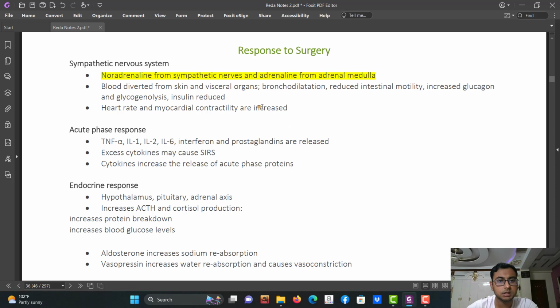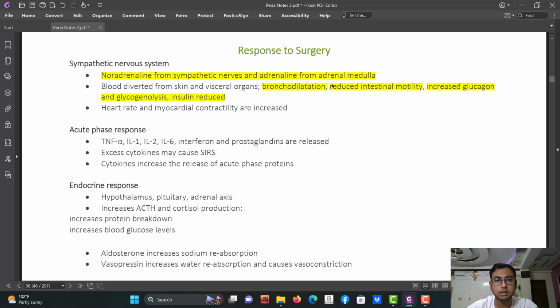There is bronchodilation, reduced intestinal motility, then increased glucagon, glycogenolysis, and insulin is reduced. The noradrenaline comes from the postsynaptic sympathetic nerve ganglion, and the other one is adrenaline, which comes from the adrenal medulla.